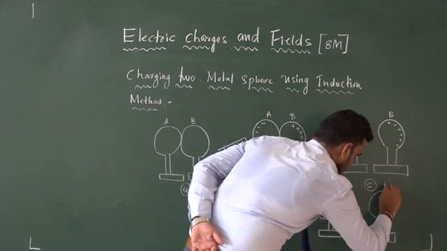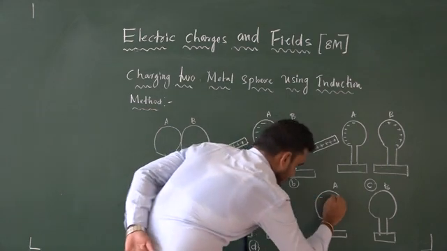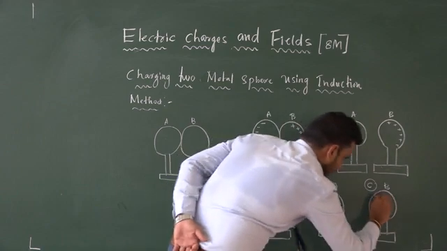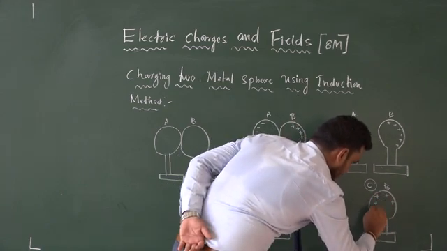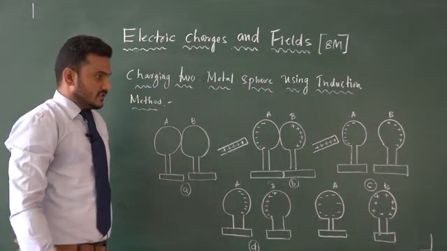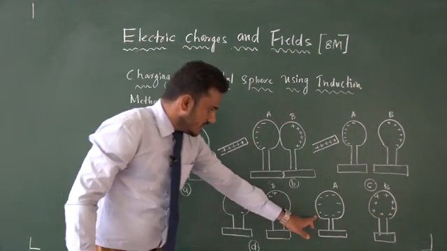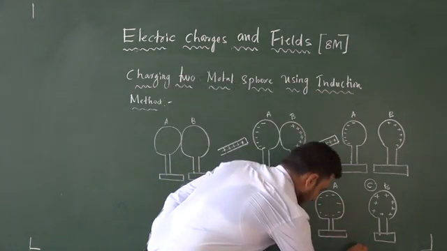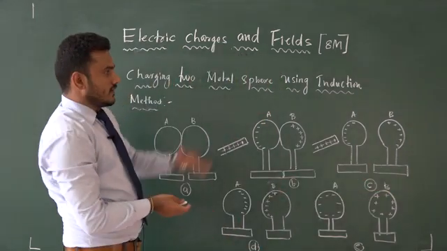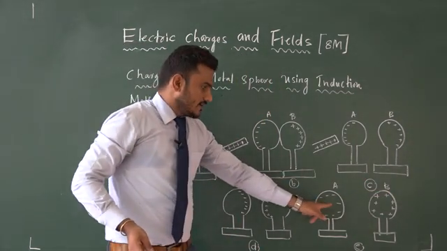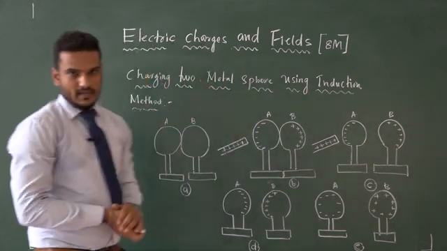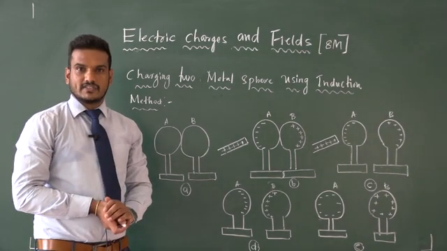Metal sphere A, metal sphere B. See, the negative charge is distributed uniformly on A, and the positive charge is distributed uniformly on B. So by using the induction method, metal sphere A acquires negative charge and metal sphere B acquires positive charge. By using the induction method, we charge metal sphere A negatively and metal sphere B positively. So this is charging by the induction method.